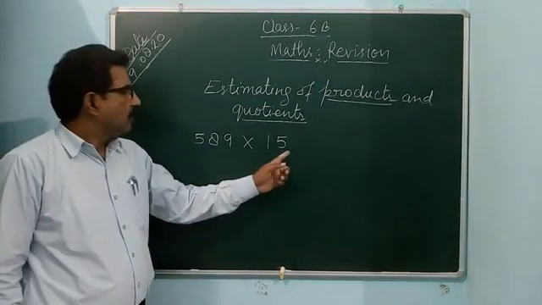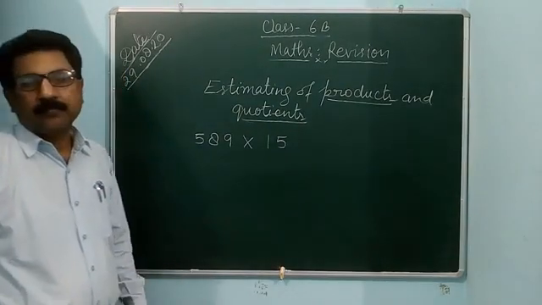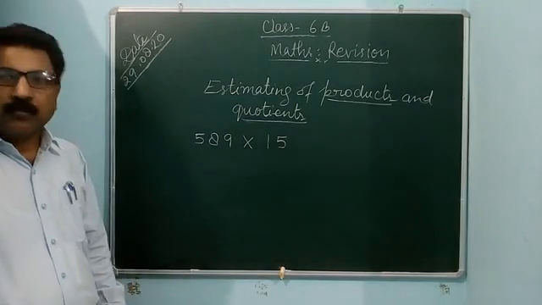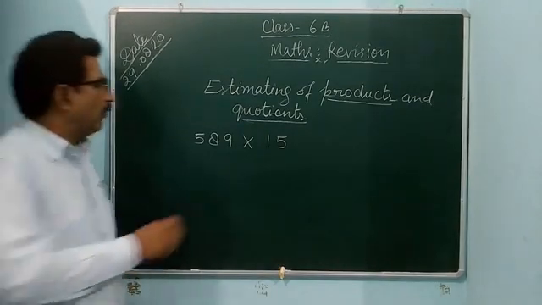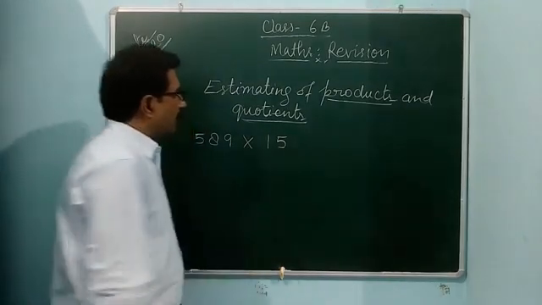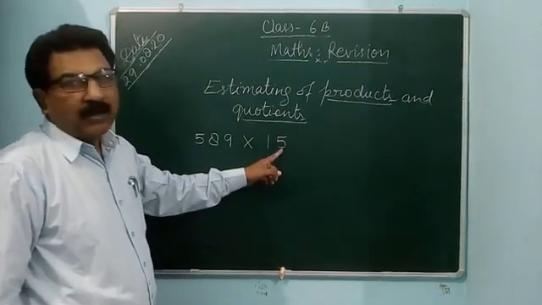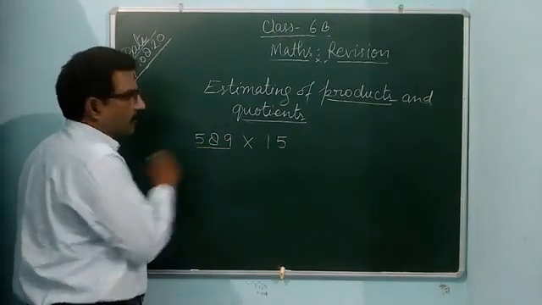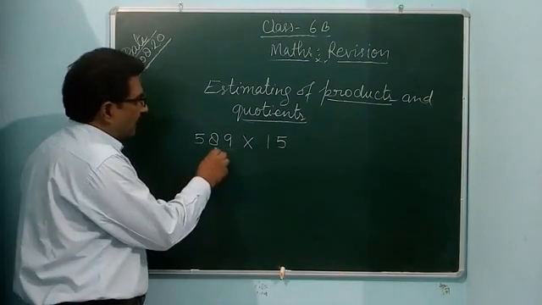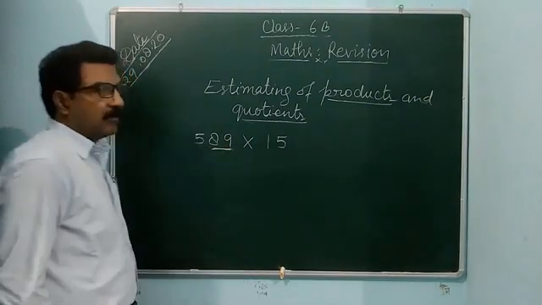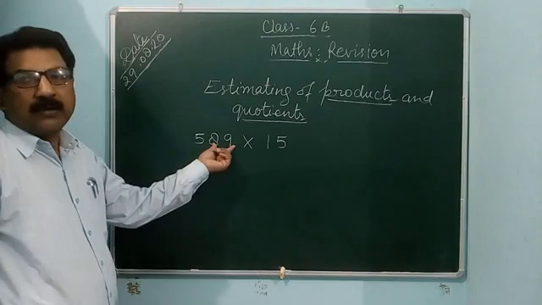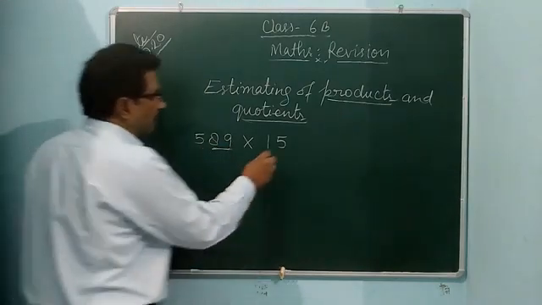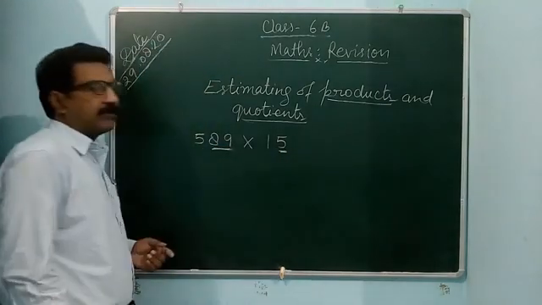Here 15 is a 2-digit number, so you round off to the nearest ten, but 589 is a 3-digit number, so you round off to the nearest 100, because for a 2-digit number you round the last digit, and for a 3-digit number you round the last 2 digits.